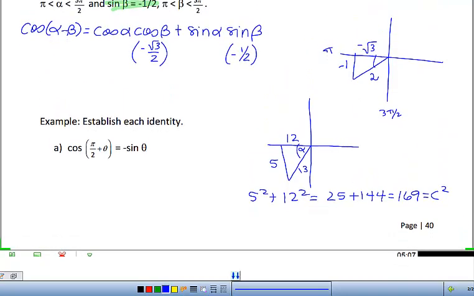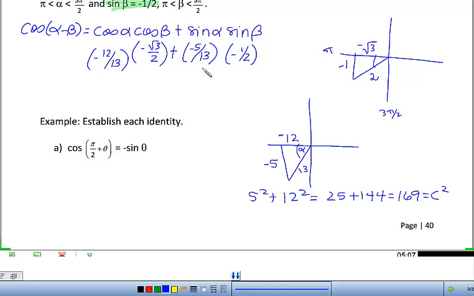Okay, so that means cosine alpha is, and this would be negative, and so would this, cosine alpha is adjacent over the hypotenuse. So we get negative 12 over 13. And sine alpha is opposite over hypotenuse, so we get minus 5 over 13.